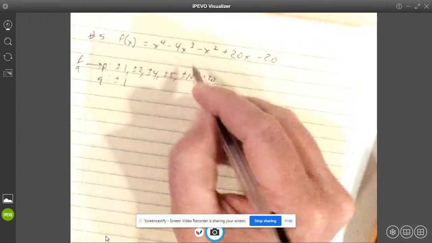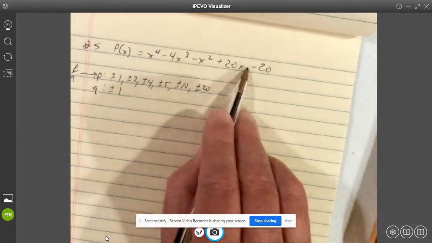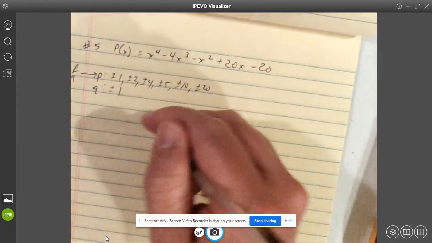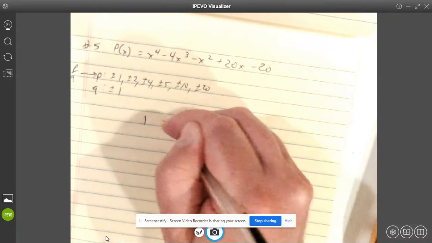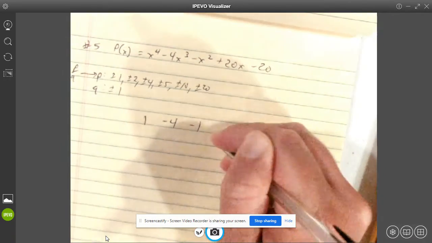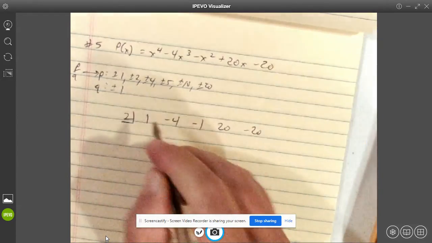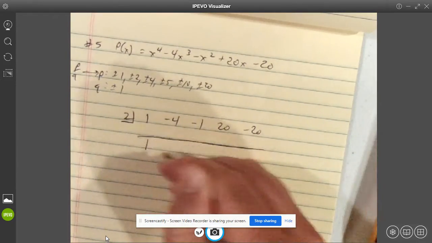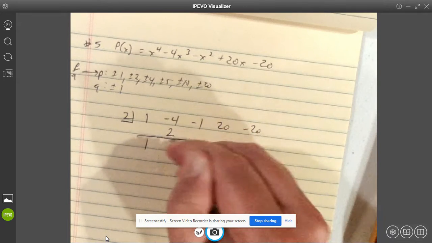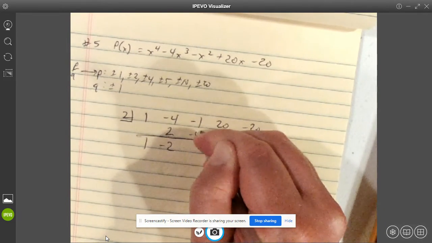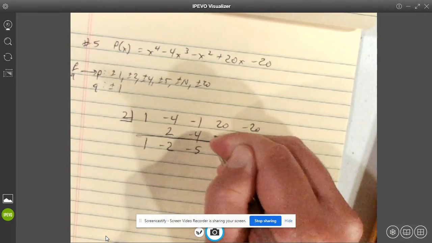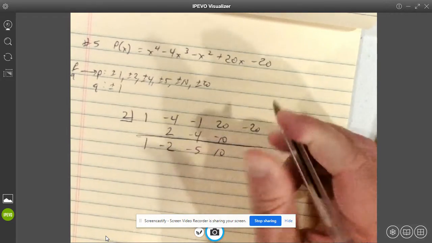So I'm going to do synthetic division of this thing by 2. So I get 1, negative 4, negative 1, 20, and negative 20, and let's divide that by 2. And so I add and then multiply, add and then multiply, add and then multiply, and then add and then multiply.